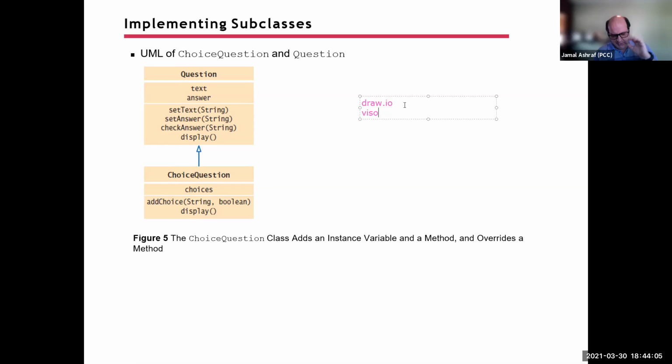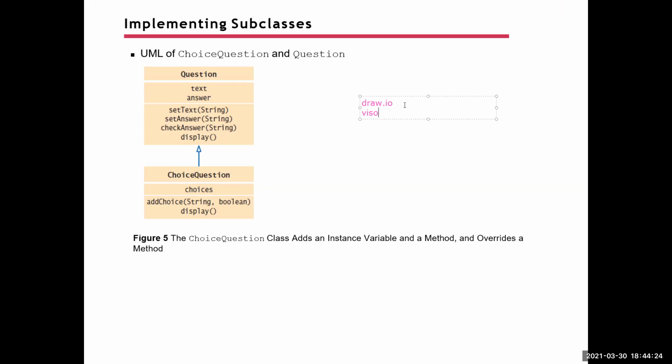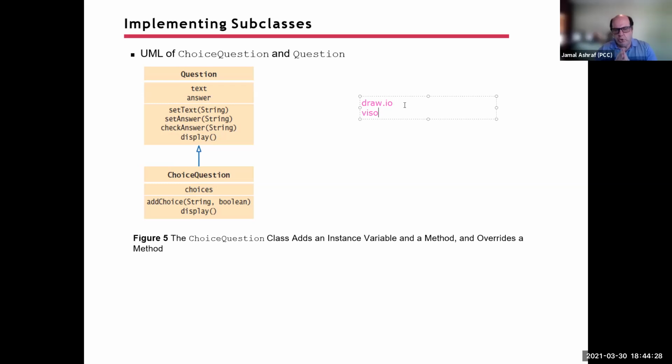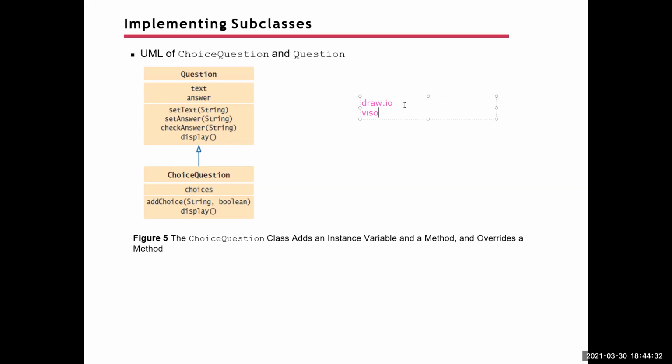Draw.io does all of them as a minus sign. The methods would have a colon with their parameter or return values, which the instance variables don't have. So the data types go in there. Take a look at the samples of these two different platforms, two different tools that we can use to create your UML.